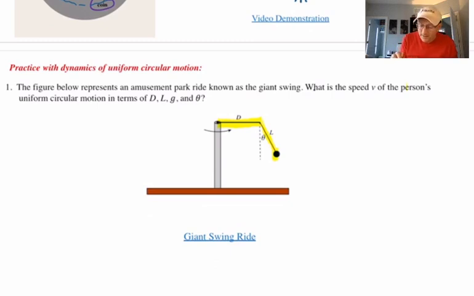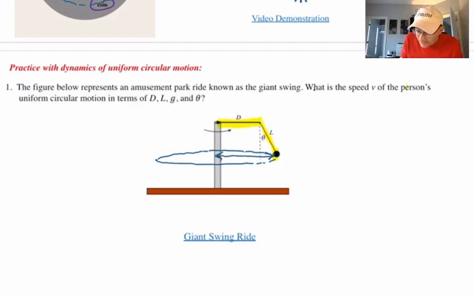So this person at the end of that cable of length L is moving in a horizontal circle parallel to the ground. Let me try to represent that circle very roughly there in my drawing. The person is moving in a horizontal circle. And notice there's the center of the circle, and there's the edge of it.